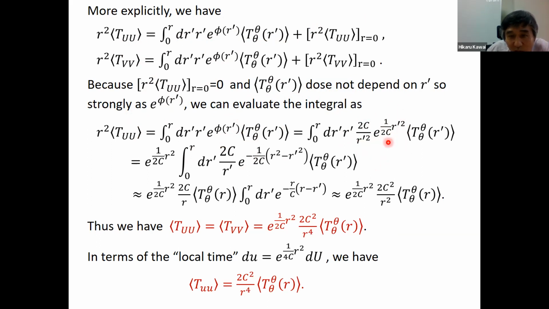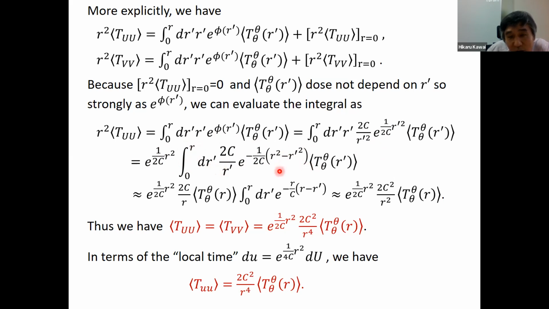I multiply by this one and divide by this one, so this one just cancels. This factor is very small if r is much less than r prime, so this integral dominates at r prime around r.